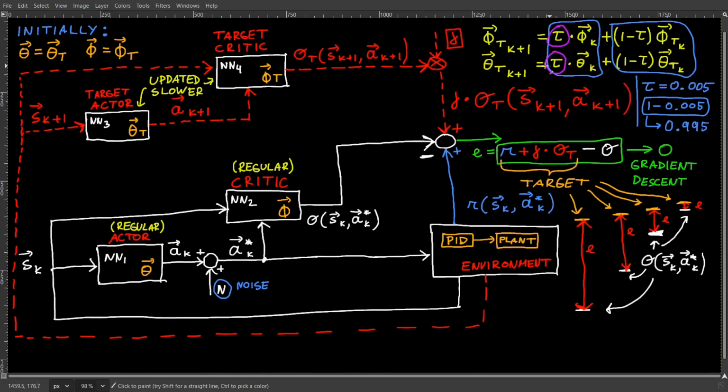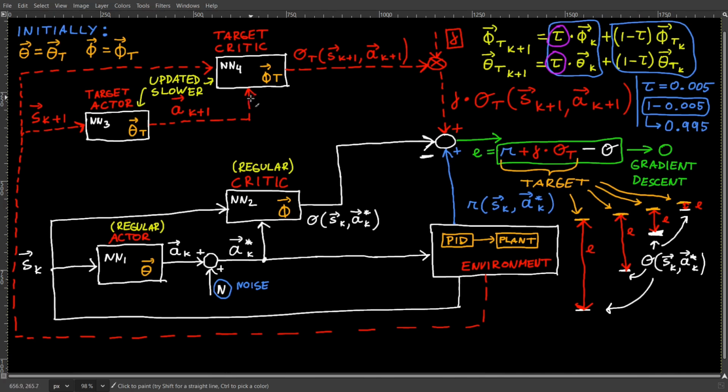The fact that the target networks are updated much slower makes it easier for the learning algorithm to drive this error to zero. The target values still change, but compared to regular Q values, they change much slower. And that's why these two additional copies are made.